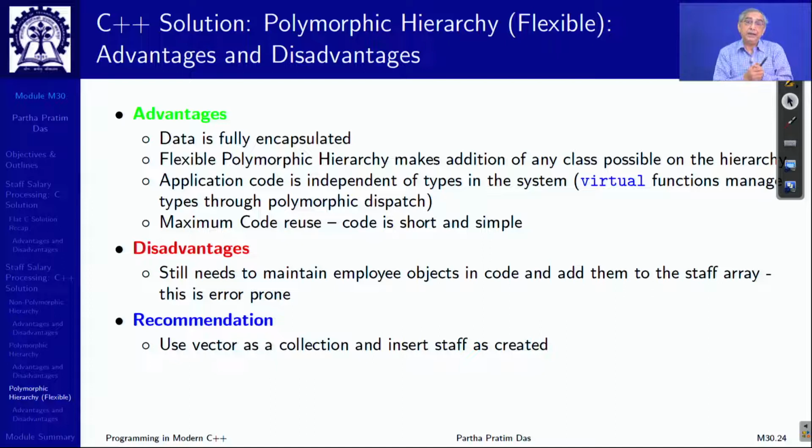I need not just an array, but a data structure where I can just invoke a method and get myself added, collected, right. So, our recommendation is we will use vector as a collection and insert staff as they are created to get rid of this disadvantage.